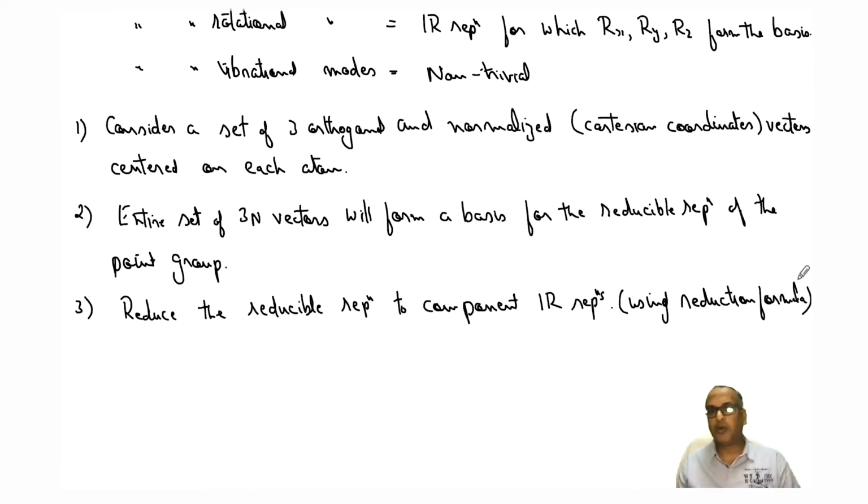Now I will not go through all the calculations. I will just tell you how to do it step by step, and we'll look at the answer. So I expect you to do the calculations at home using different molecules. Okay. After you reduce, you have got a total set of IR representations which are basically the symmetry of the full normal modes, all the normal modes.